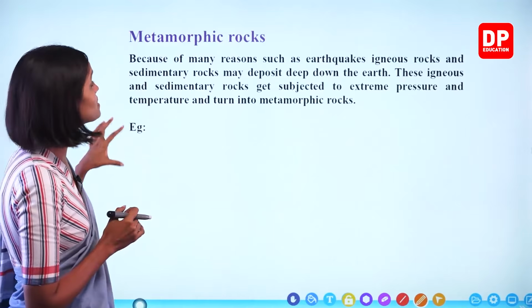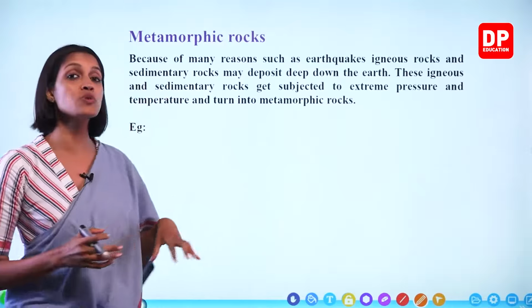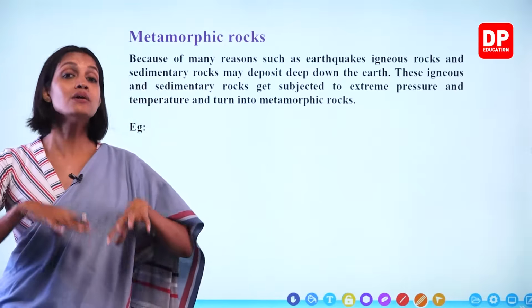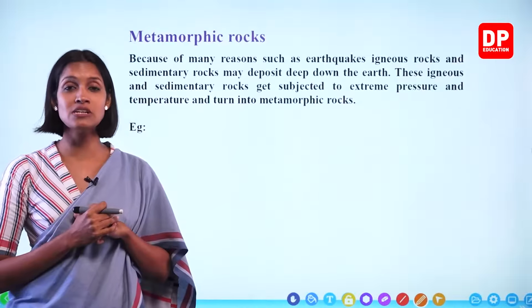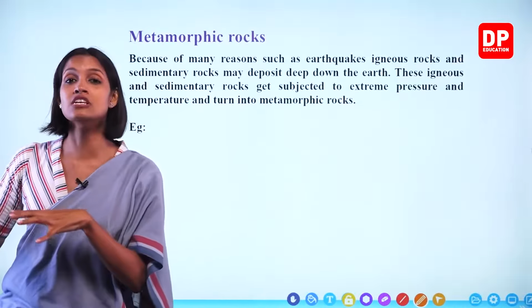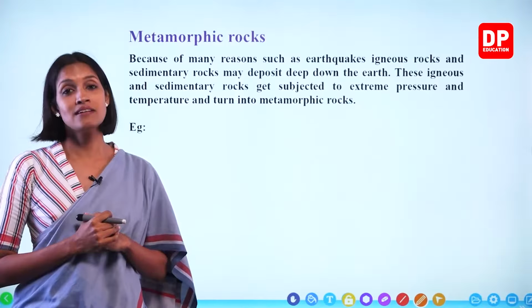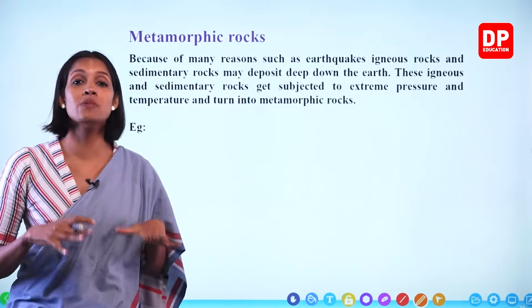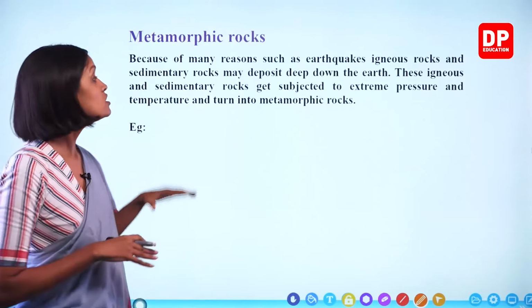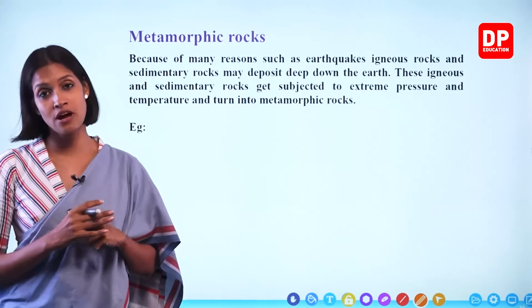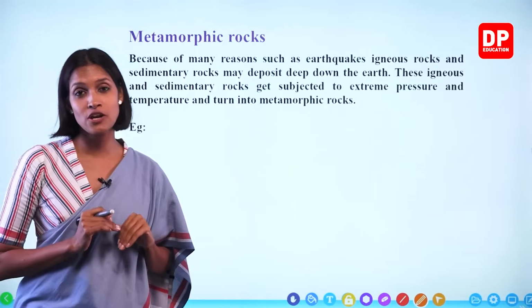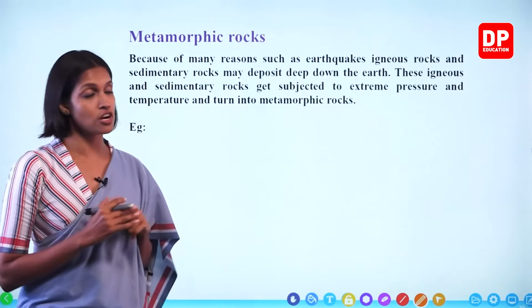So when these sedimentary and igneous rock pieces go into the inner layers, because the pressure and temperature is much higher, then what happens, children? They go through a series of changes. Right? These changes are known as metamorphism. So because of these changes, a new form of rocks is formed and these rocks are known as metamorphic rocks.